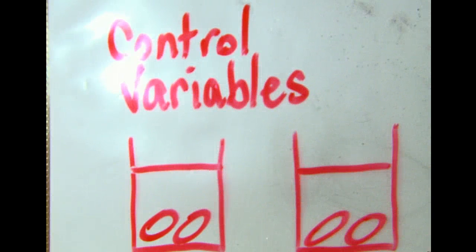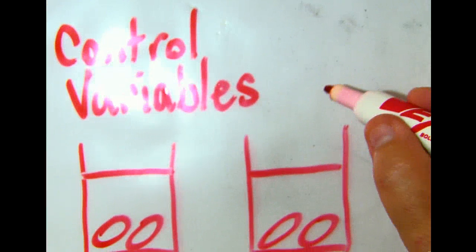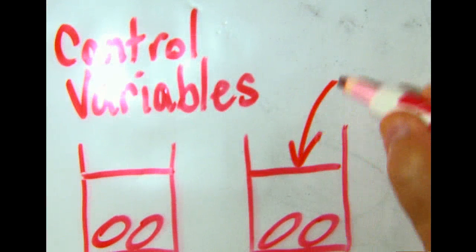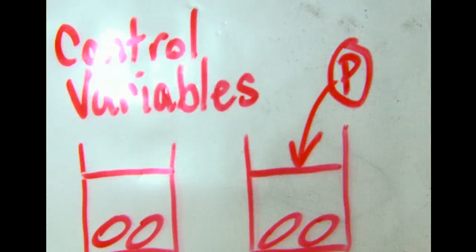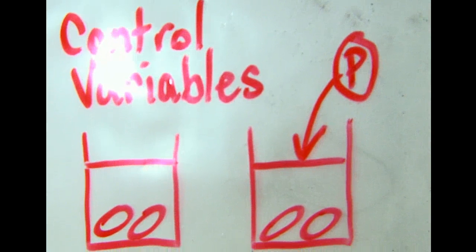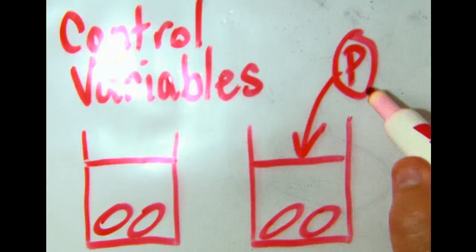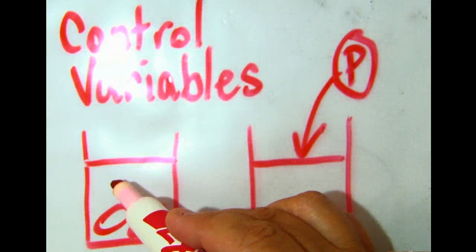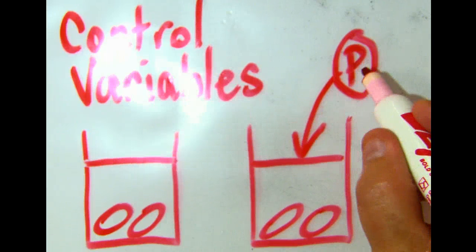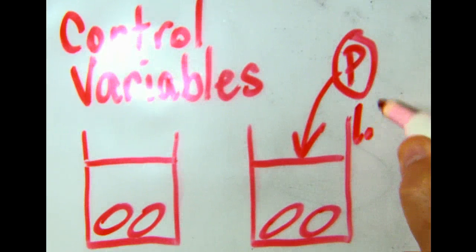We do, however, need to change one thing, and the one thing that we need to change is what we're testing. So for example, in this experiment, we were testing to see if phosphates were causing the mussel population to decline. So that one variable, the one that we change, is called our independent variable, okay?